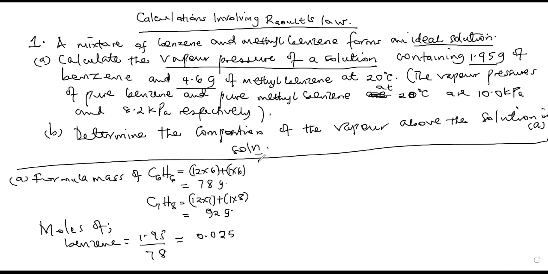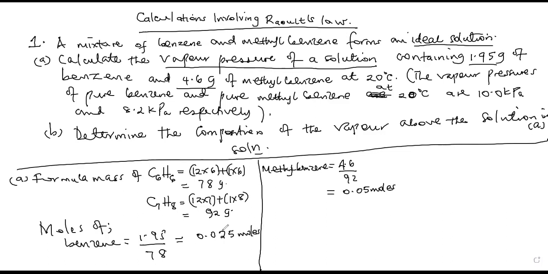Then we also go ahead to look for the moles of methylbenzene. It's going to be equal to the mass of methylbenzene, 4.6, over the molecular mass, which is 92, and this is going to give us 0.05 moles.